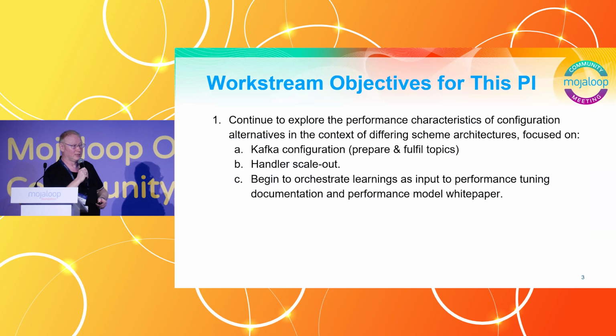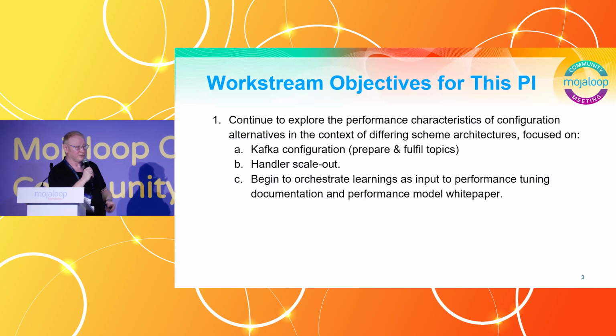So in particular, over the last 4 months or so, with help from members of the community, Infotechs, shout out to them. They've put a considerable amount of effort into this work stream. They have multiple on-premise hardware sets that they've been running performance and optimization activities on over the last 4 months. They've gathered a considerable amount of data.